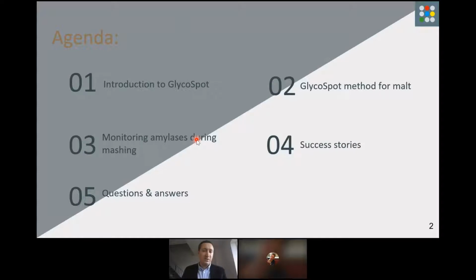The agenda for today is we're going to cover several topics. First, of course, we're going to make a small introduction to GlycoSpot. Who are we as a company? Afterwards, we will also cover what are our methods regarding malt. And then we will jump into more specifically what are our applications regarding the mashing.